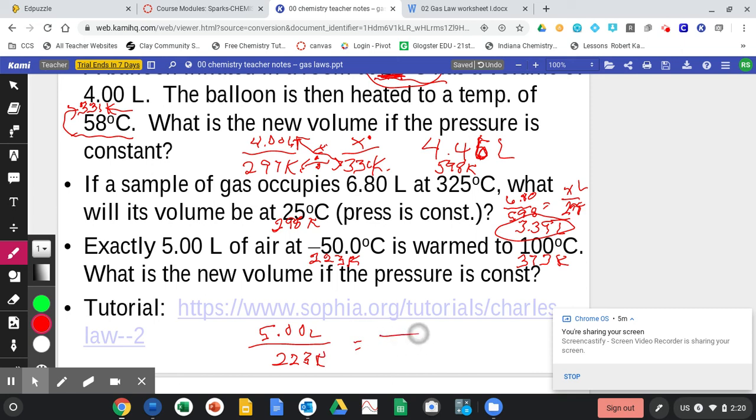I want to know what the new volume is at 373 Kelvin. So I'm going to take 5 times 373 and divide it by 223. Got 3 sigs working in this problem, so I have 8.36 liters as my final answer. All right, you're ready to go in and take the quiz.